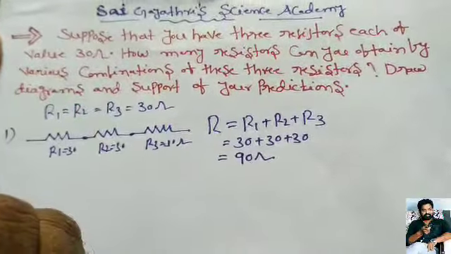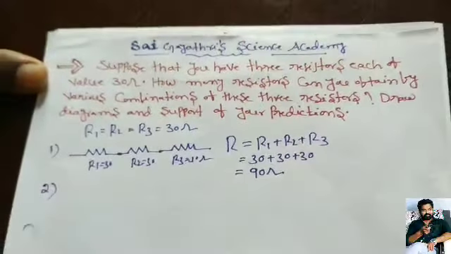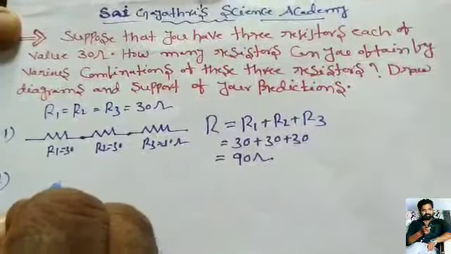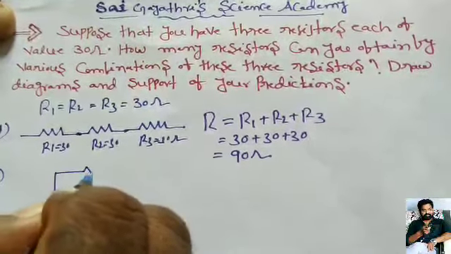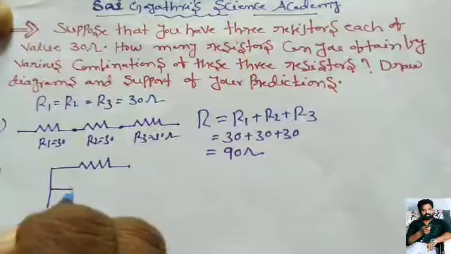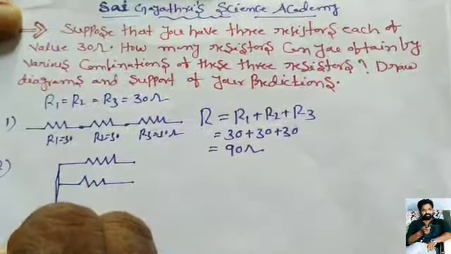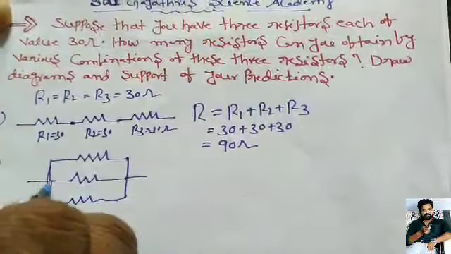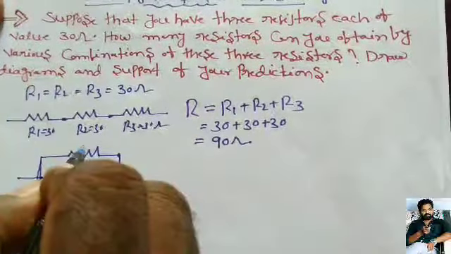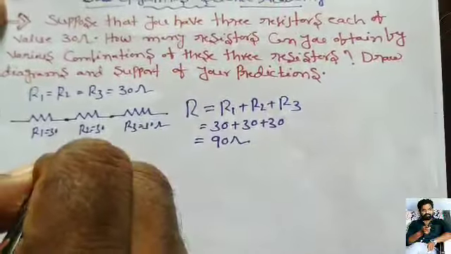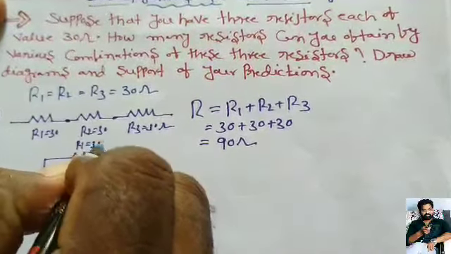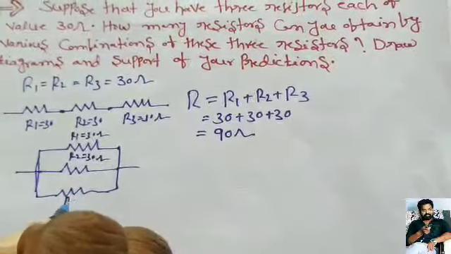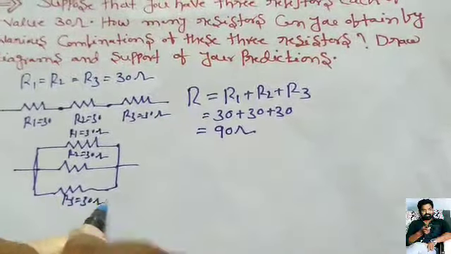Next one, these three resistors are connected in parallel with each other. See here, this is first resistor and it is second one, third one. Now these three resistors are connected in parallel with each other. So this is R1 30 ohms, R2 30 ohms and R3 30 ohms.